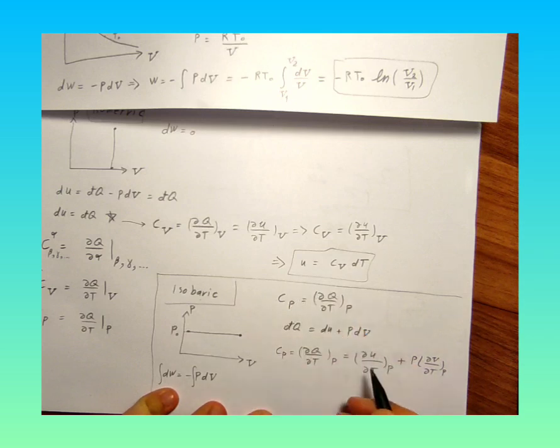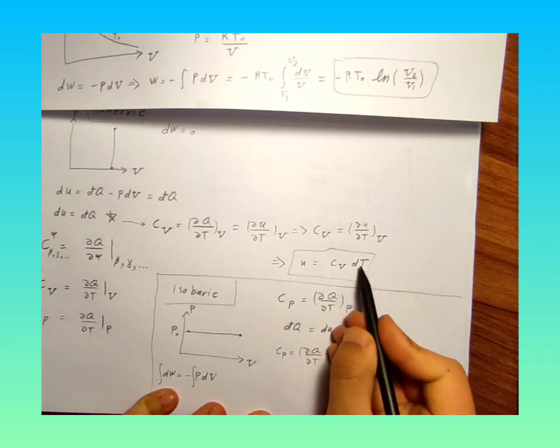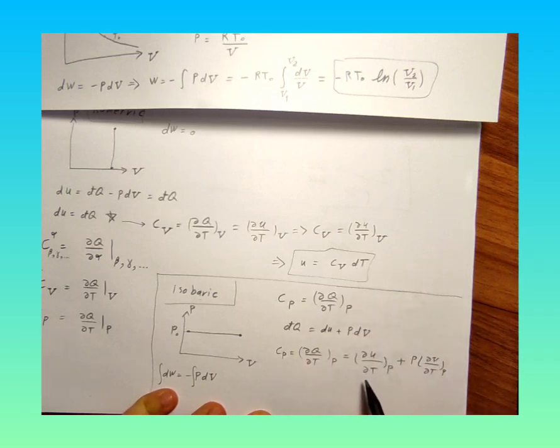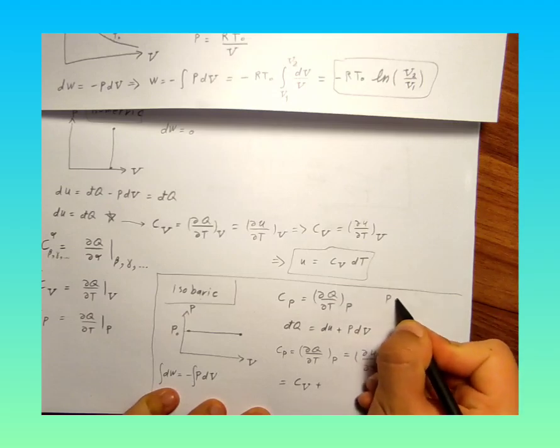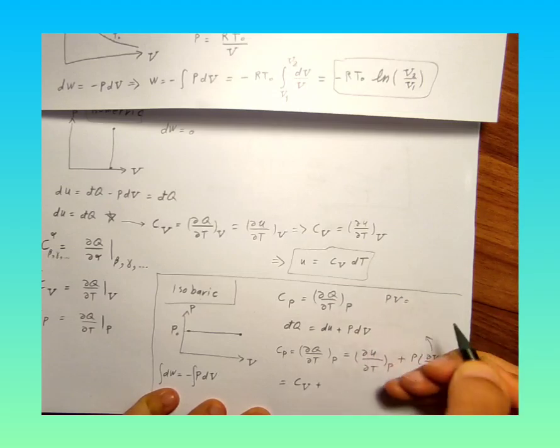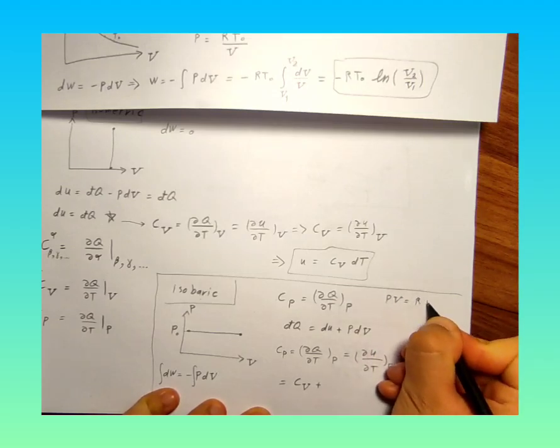If you put U here, CV is constant and goes out of the derivation, and the partial derivative with respect to T will be 1, and this will become CV plus, we can calculate here by the ideal gas relation. PV equals RT.